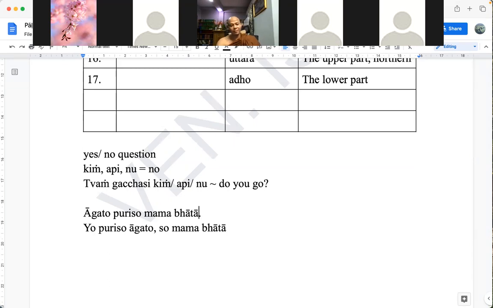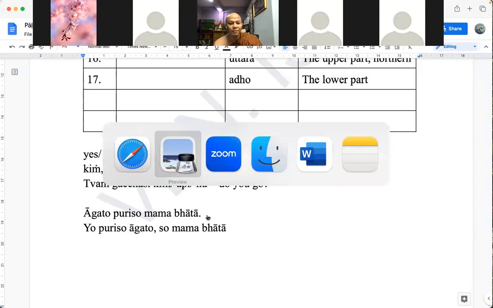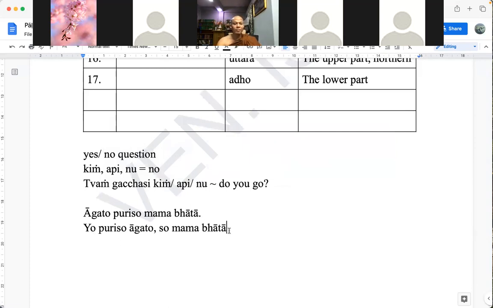And in case we say that the man who has come and expounded the Dhamma is the venerable elder monk, in that case we can use it with the clause, with the relative pronoun, or even with the past participle.